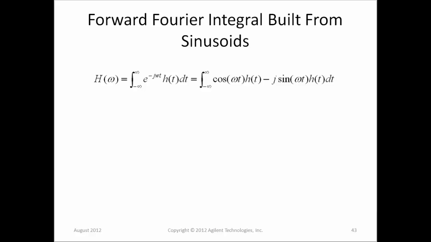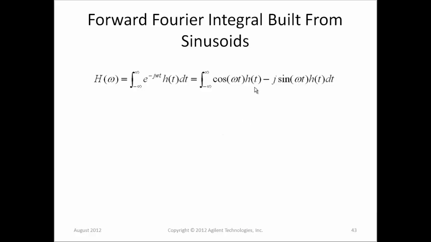So let's get back to fundamentals and think about what the Fourier integral is telling us. What we're trying to do is to build a frequency response out of sinusoids. We're taking an impulse response, h of t, and multiplying it by some sine waves and cos waves, integrating them all over time, and we come up with a set of phases and amplitudes that we sum to build up our original impulse response.